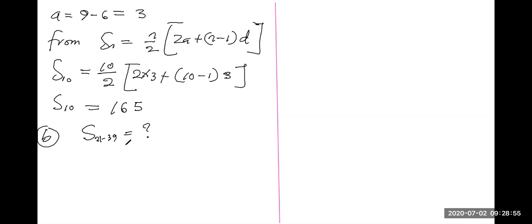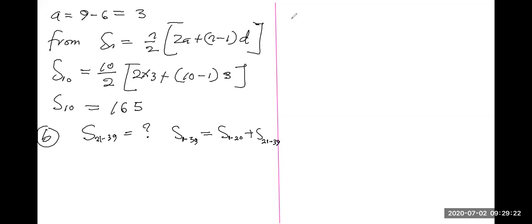We know that the sum from 1 to 39 equals the sum from 1 to 20, that is the first to the 20th term, plus the sum of the 21st to the 39th term.